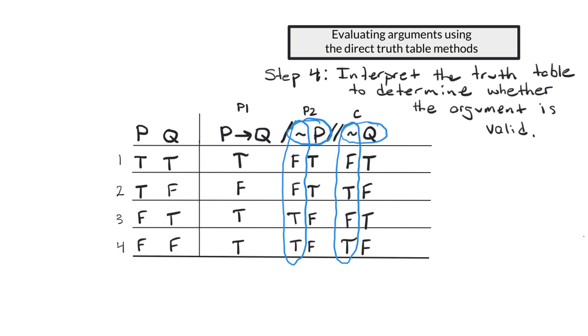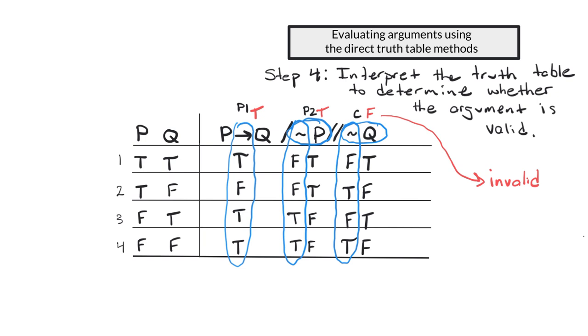So when we interpret this truth table, we're looking at the truth value under the main operator, and we're looking for any case where premise 1 is true, premise 2 is true, and the conclusion false, because if you saw that on any row, that would mean this argument is invalid.